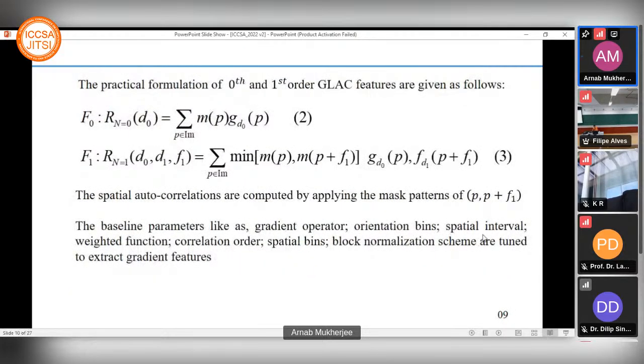The practical formulations of the zero order and first order autocorrelation gradient features are defined as the following formulas. Here, the baseline parameters like gradient operator, orientation bins, spatial interval, weighting function, correlation order, spatial bins, and block based normalization are tuned to extract gradient features.